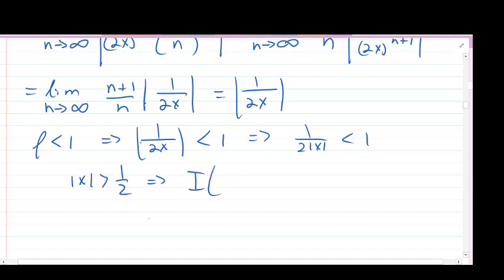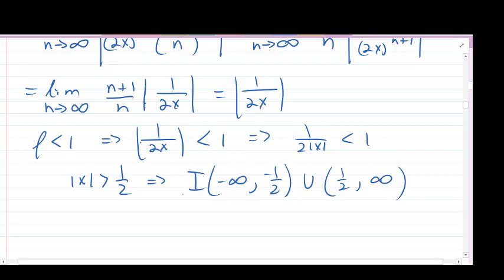So the absolute value of x greater than 1/2 is from minus infinity up to minus 1/2 union with 1/2 up to infinity. That's my initial interval of convergence.